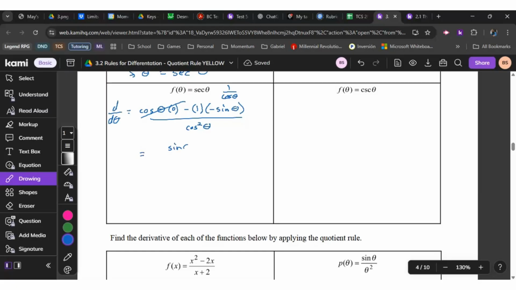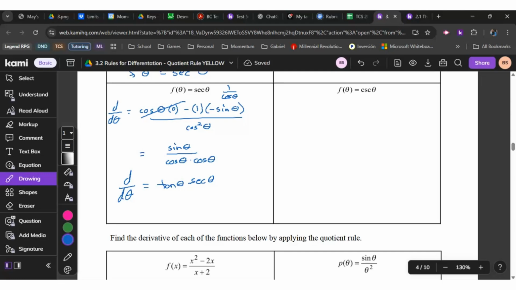So it's sine theta over, and I'm going to write it this way, cos theta times cos theta. Why would I write it that way? Well, what's sine over cosine? So this is really just tangent theta over cosine, or tangent theta times, what's 1 over cosine? So just tan theta secant theta.